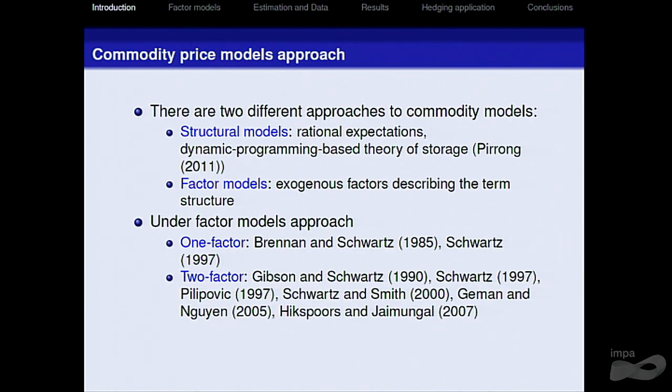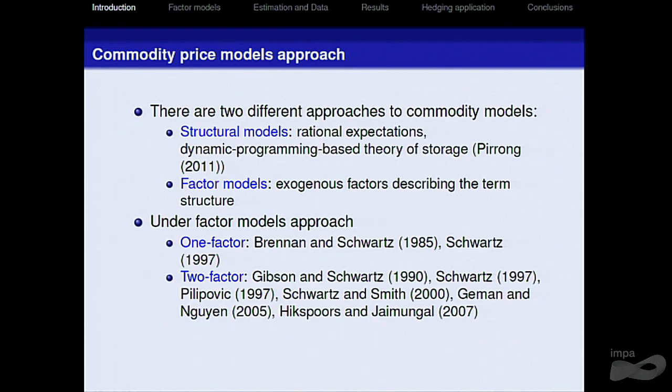We can say that the work of Gamba is a bit of a mix between structural models and factor models, because they use inventory information to model volatility, and then use this in the dynamics of the spot prices.